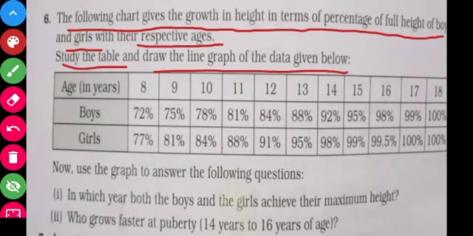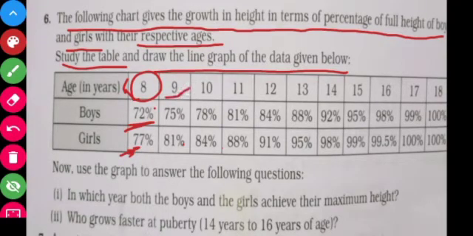Okay, so here it is given a chart of growth of height in terms of percentage. Full height of boys and girls is given. At 8 years of age, boys get 72% of height, and girls get 77% of height.